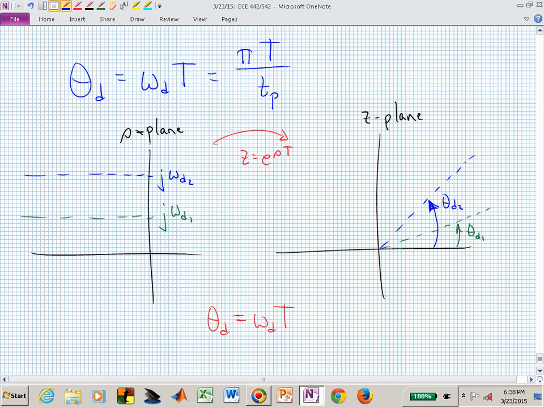Meaning if we want a quicker responding system, we need our poles to have a larger angle in the z-plane, consistent with a larger imaginary component in the s-plane.